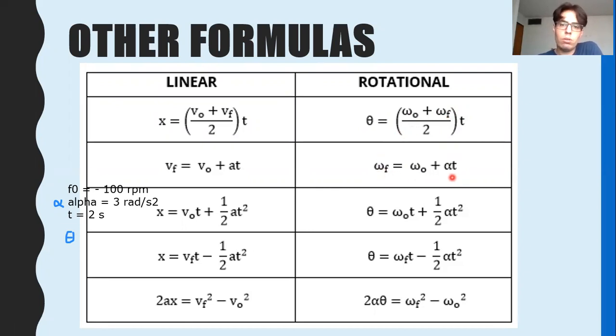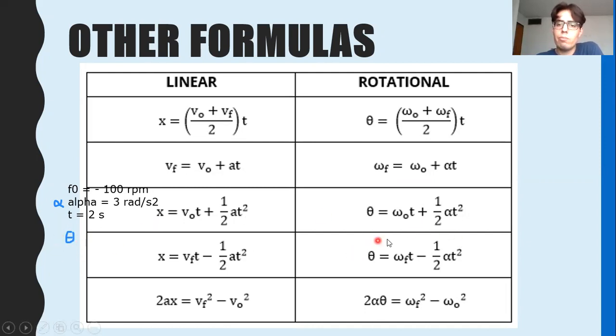Maybe we could use this to get final angular velocity because we have initial, we have acceleration, we have time. So maybe we can get it, but maybe there's an easier way that doesn't involve estimating final velocity, because they are not asking us about that. They only ask us about angular displacement.